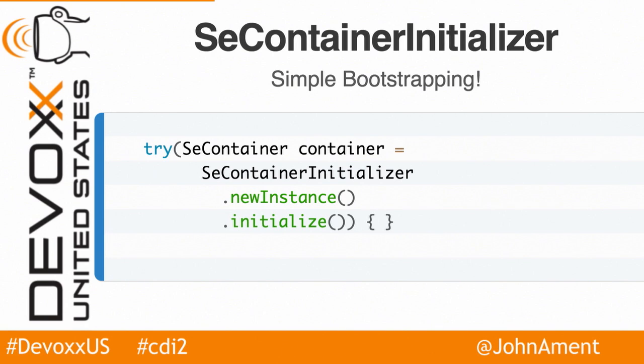It is auto-closable, so I am using it within a try with resources block. This gives you some basic, I can start it for the scope of a test and then tear it down later on, or start up a main method that just runs it in the background for you. It's really simple to bootstrap as a result.